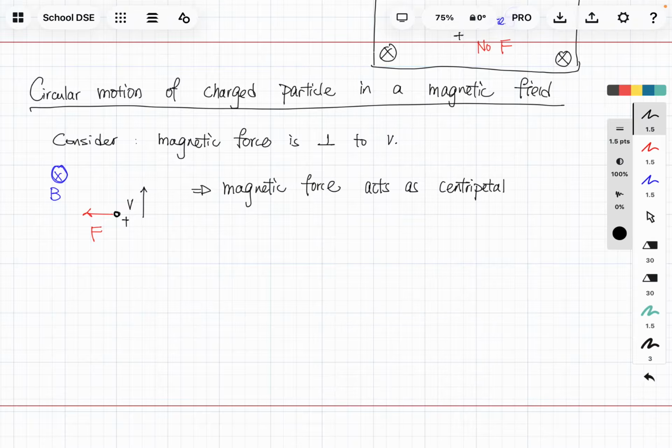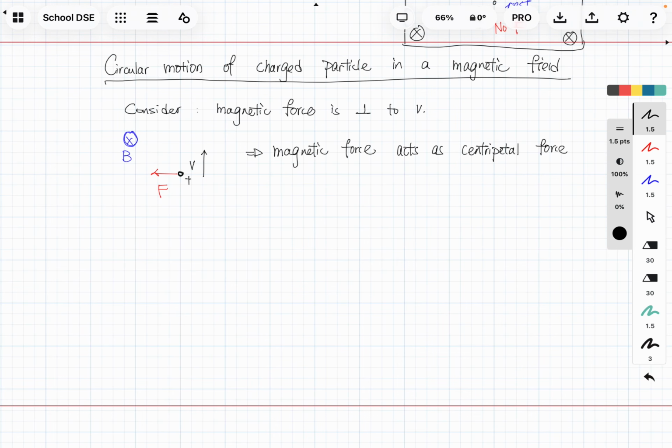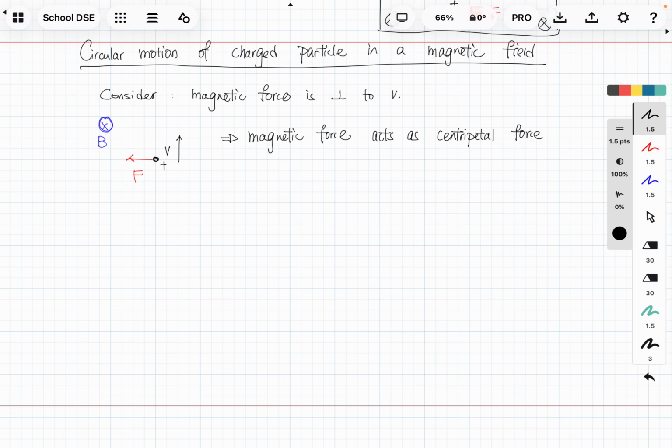Magnetic flux linkage is in the unit of Weber, Wb. The formula of it is just N, B, A, cosine theta.